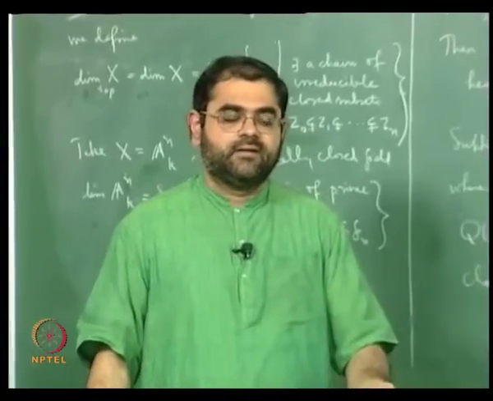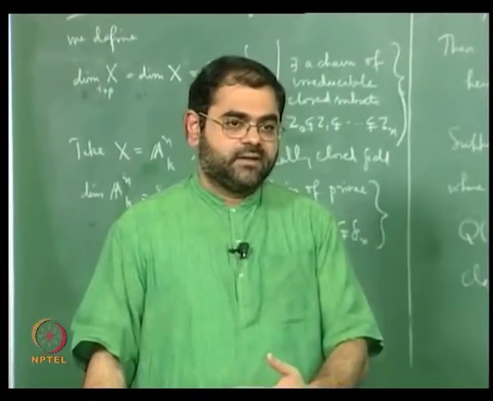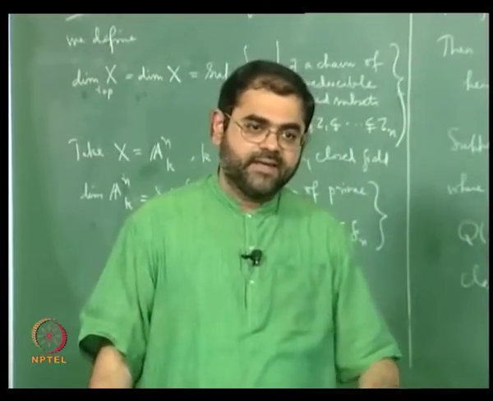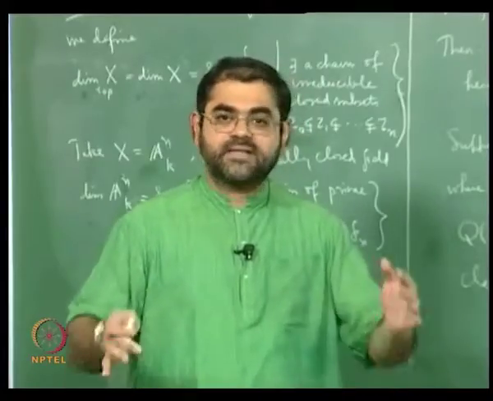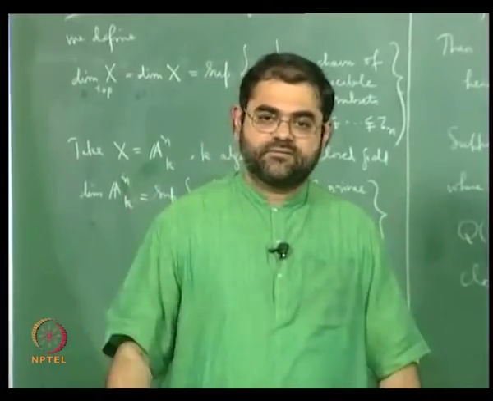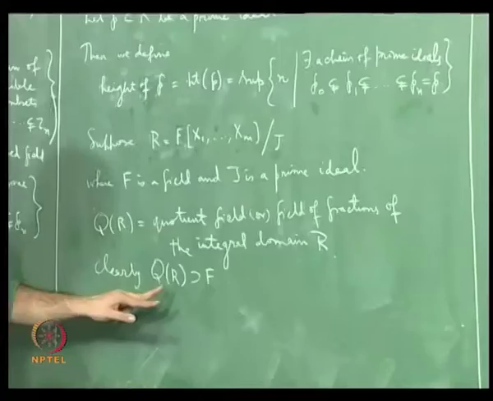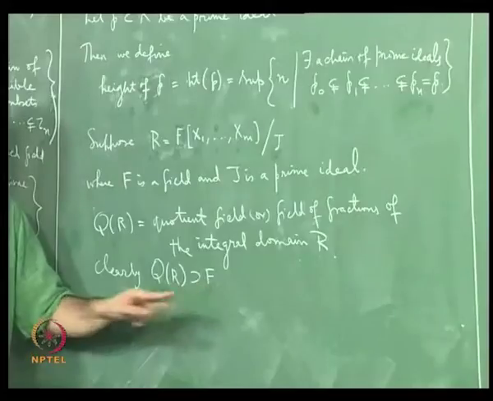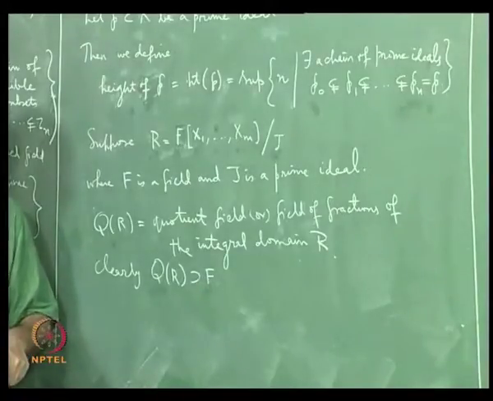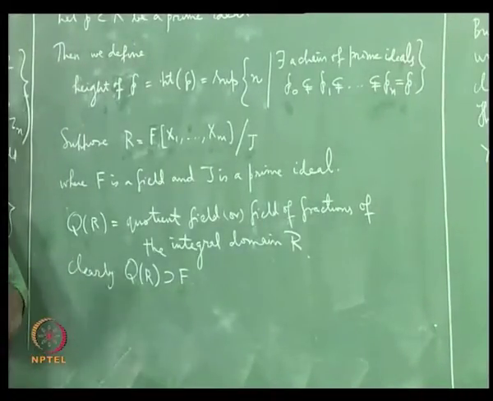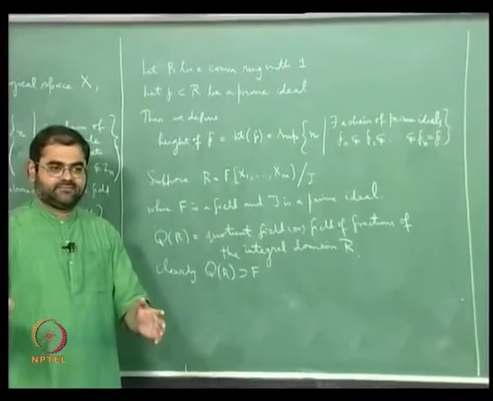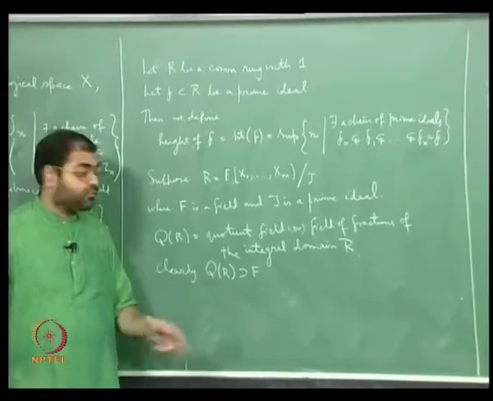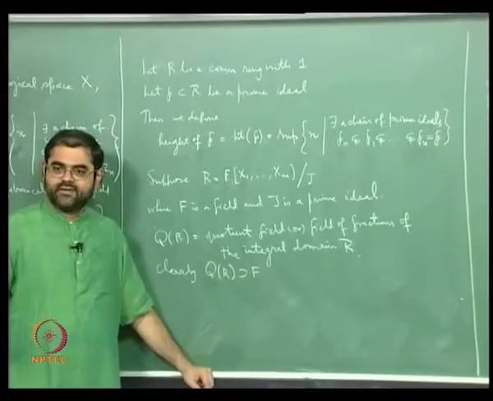Just like in the case of a vector space, the dimension over the base field is the cardinality of a maximal linearly independent set of vectors, the same way the transcendence degree of a bigger field over a smaller field is the cardinality of a maximal subset of elements of the bigger field which are algebraically independent over the smaller field. That is called transcendence degree.